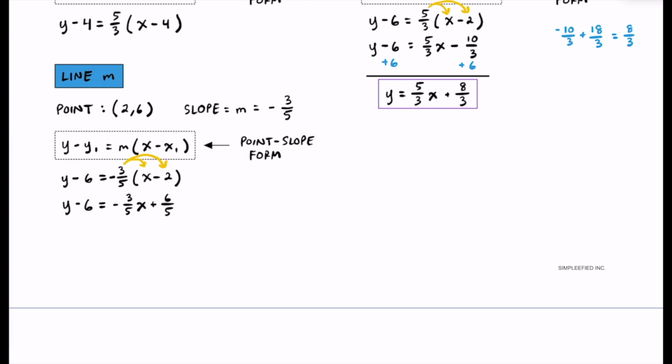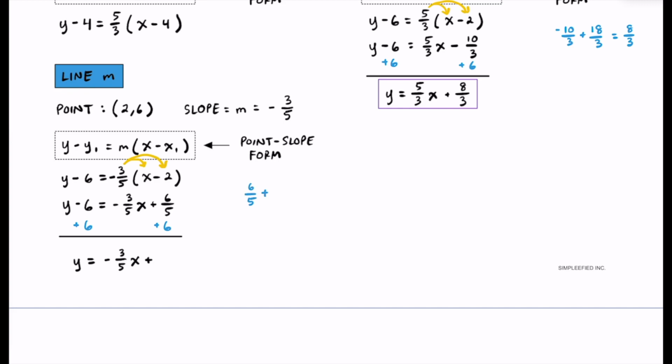Now if we want to get y alone, so we have this in slope-intercept form, which is really just that y equals mx plus b form, we can add 6 to both sides. If we do that, we're going to end up with y alone on the left side, and that's going to be equal to this -3/5 x plus whatever the sum is over here of 6/5 and 6. So 6/5 is just going to be 6/5.